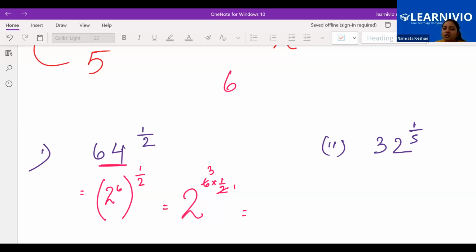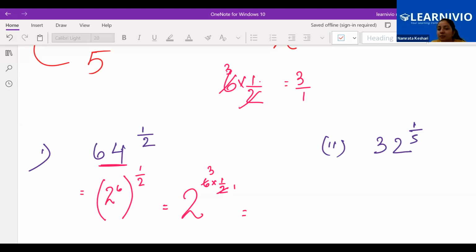When we are having 6 into 1 by 2, numerator multiplied with the numerator, denominator will be multiplied with the denominator. Nothing is there. So will it be 3 or 1 by 3, Samya? Ma'am, 1 by 3. Ma'am, 3 by 1. Yeah, it will be 3.